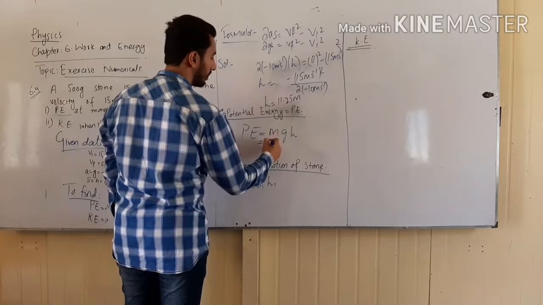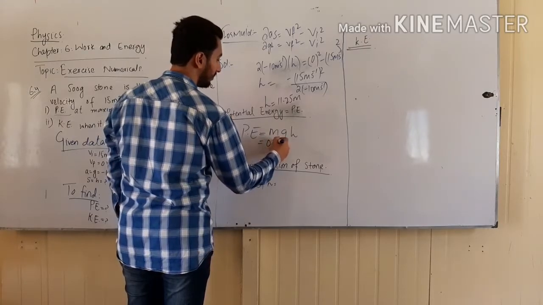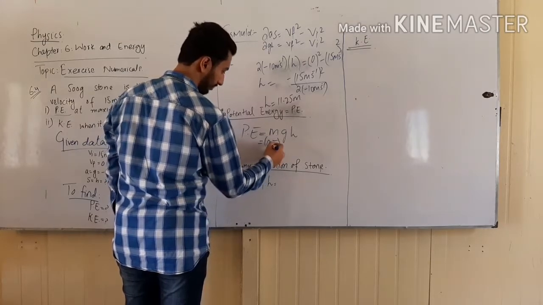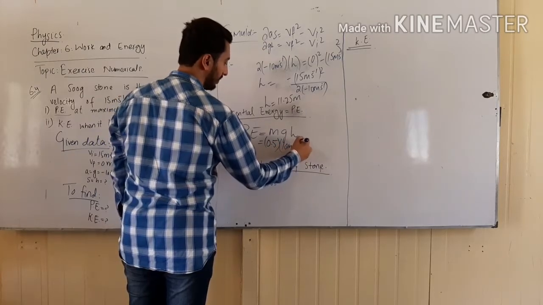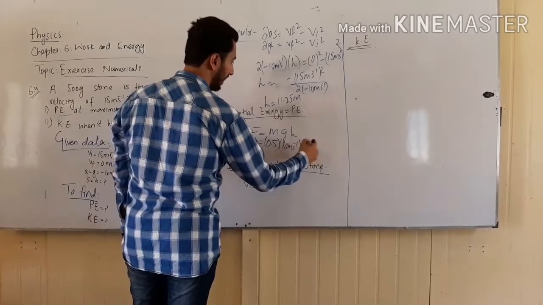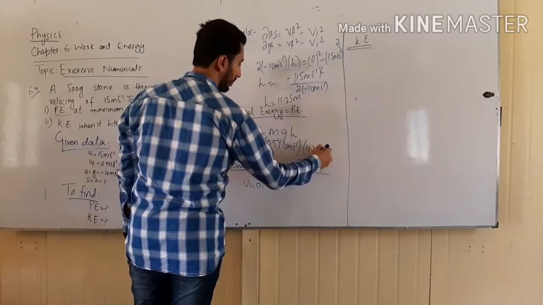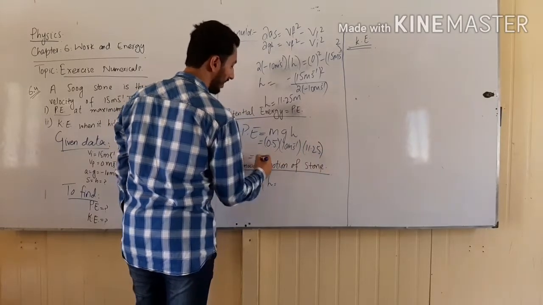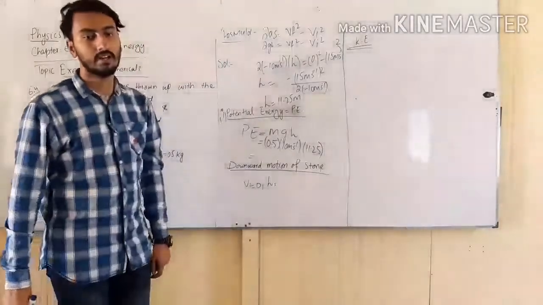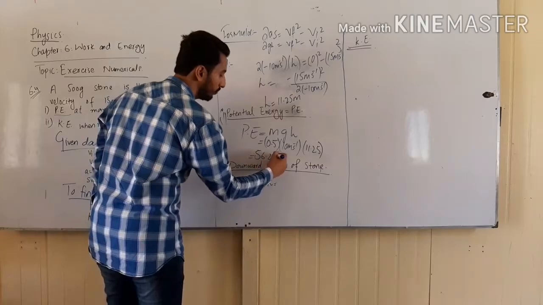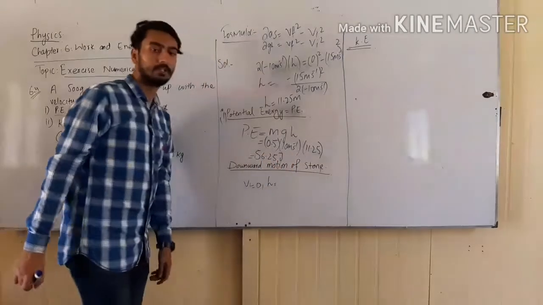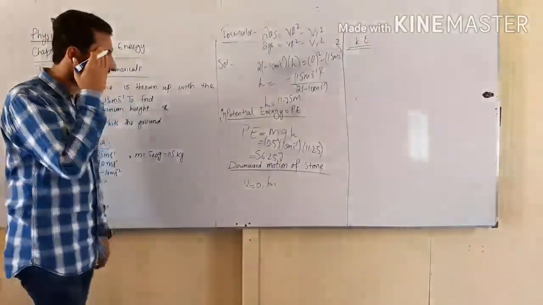So putting values, mass is 0.5, value of g is 10 meter per second square, and height is 11.25. So the value of potential energy is going to be 56.25 joule. So here we have our potential energy.